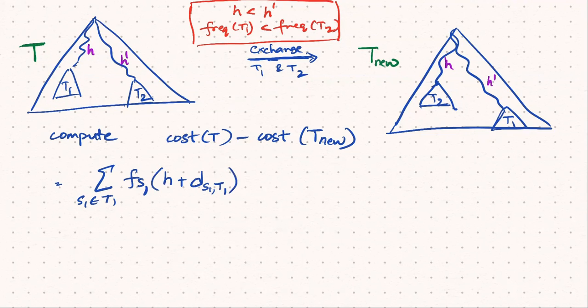I hope that's clear. This second quantity here is just representing the depth from the root of T1 till that symbol S1. So frequency times this height, and we are doing this for all the symbols in T1.